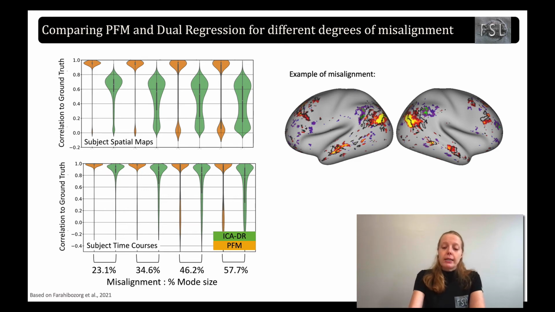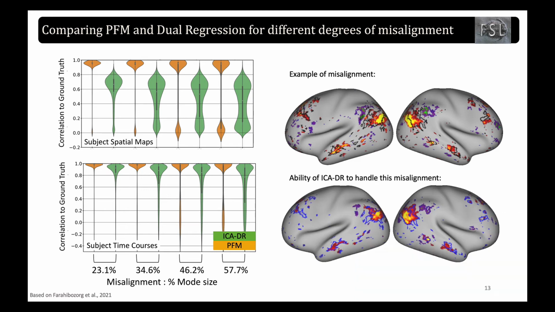even in high quality data sets. And then this result here at the bottom is showing how well ICA deals with this. So this is not even PFM, which outperforms ICA, but this is ICA. And so in this case, the blue outline is now driven by the colored mapping here.